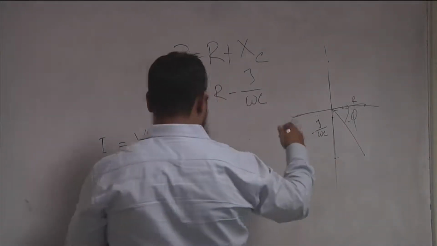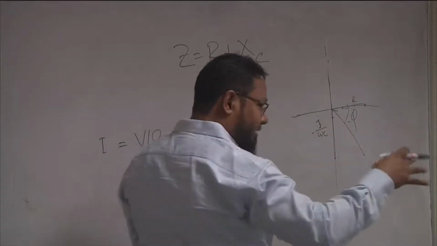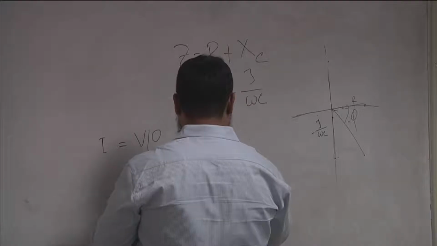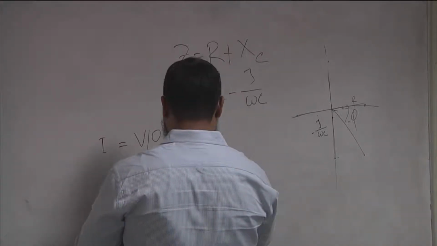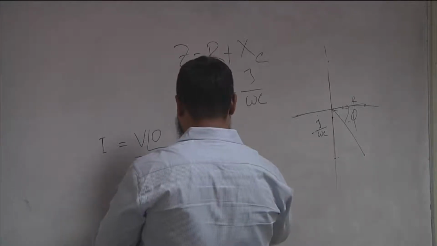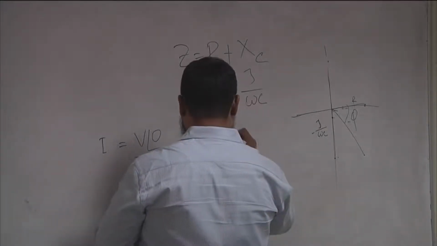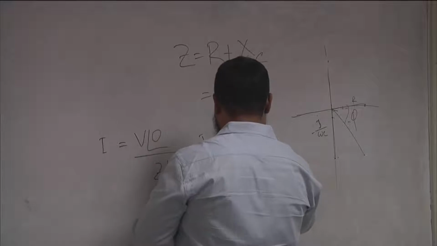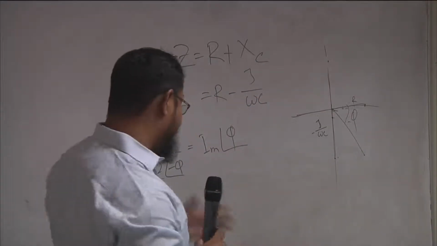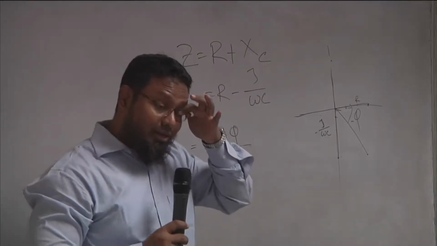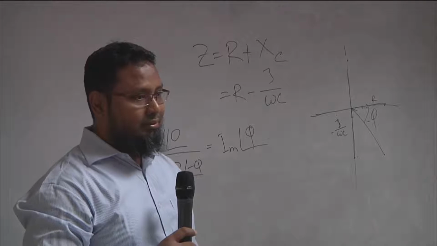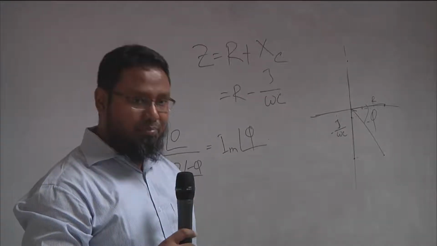We don't know exactly, that will depend on the relative values of R, X and omega. But we know it's something negative, so let's write negative phi. So the resultant would be Im with an angle of positive phi.